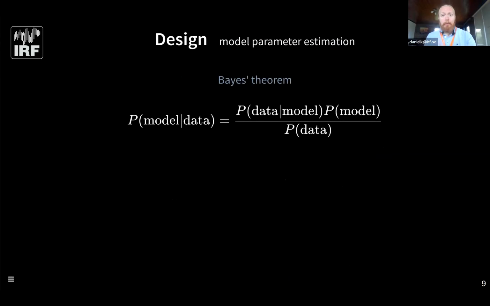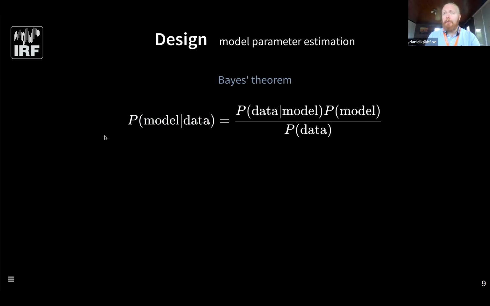Okay, so model parameter estimations. Basically, what we did is just take Bayes' theorem straight off. So for those familiar, you know that here we have the posterior, which means basically what is the probability of your model parameters, given your data.